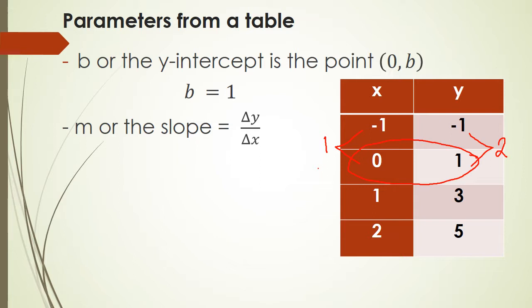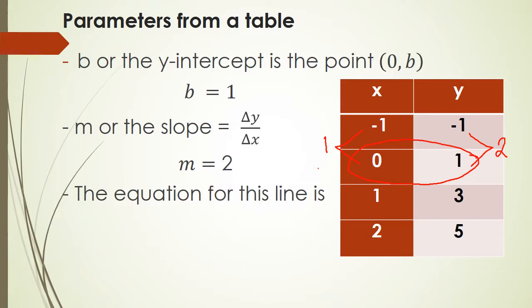So the slope in this case is going to be 2 over 1, which is 2. So I can write a linear equation that represents the table of values in slope-intercept form, which is y equals 2x plus 1.